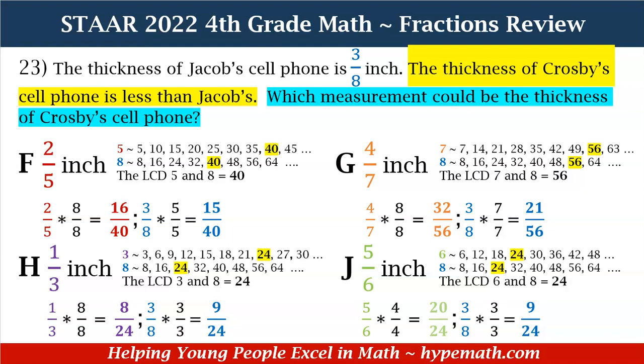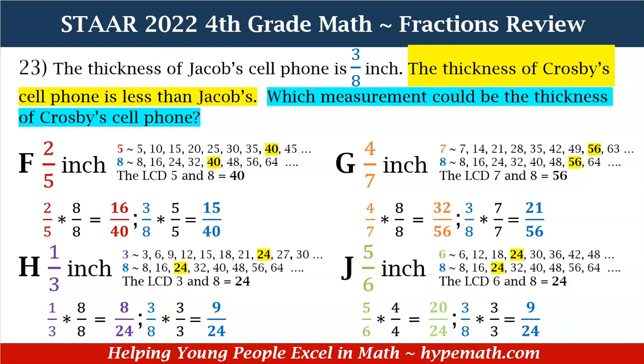Now let's take a look at H. We have 1/3 inch, and for 3 and 8, we need to find our LCD, and that is 24. So now we need to find our equivalent fractions with 24 as our denominator. I'm going to ask myself, what number multiplied by 3 is equal to 24?